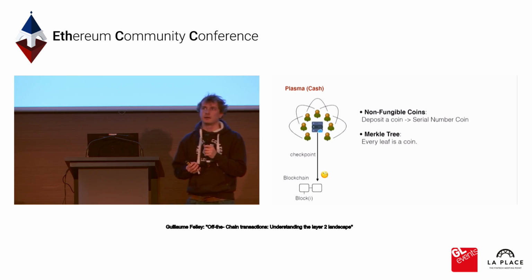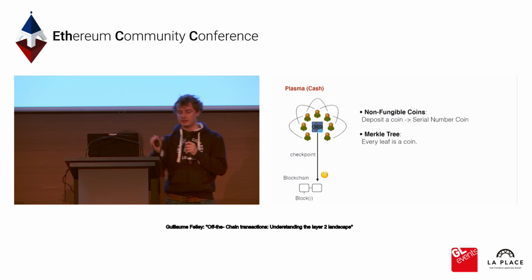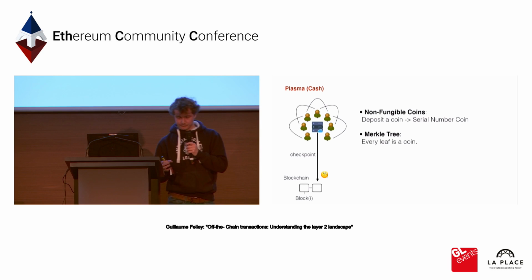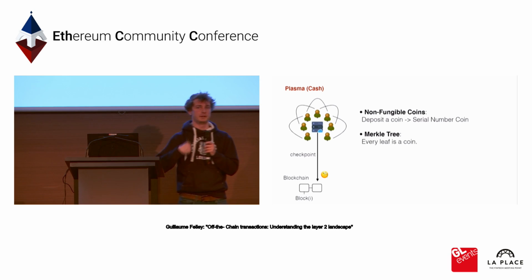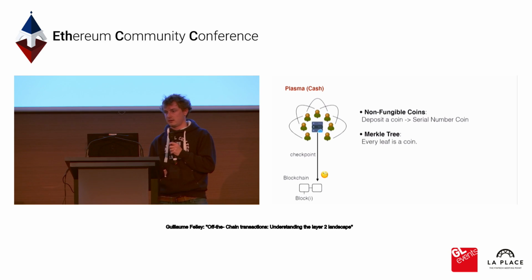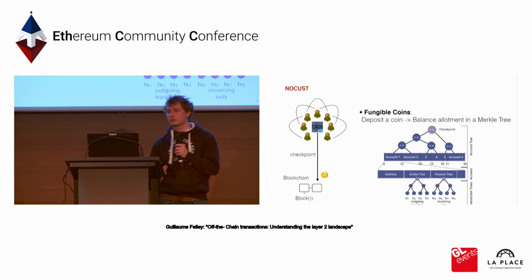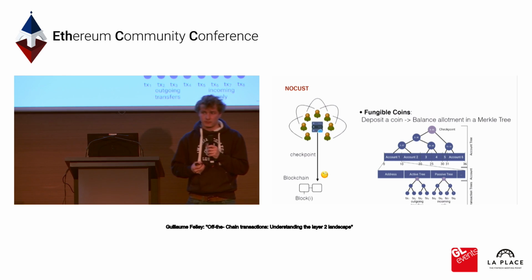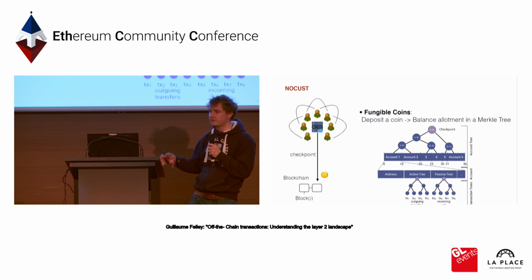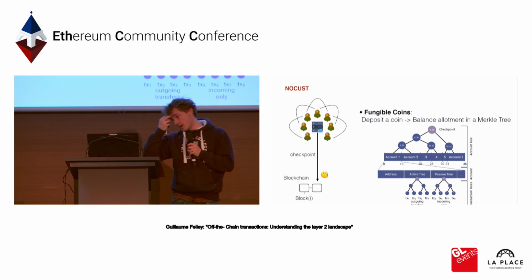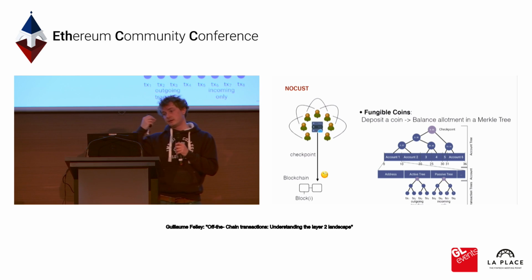At the leaves of the Merkle tree, you have a single coin that you can't split, so you have to send, for example, 1 Ether or nothing. The second one, which I'm working on, called NOCUST, is account-based, versus Plasma, which is UTXO-based. And here you have fungibility.